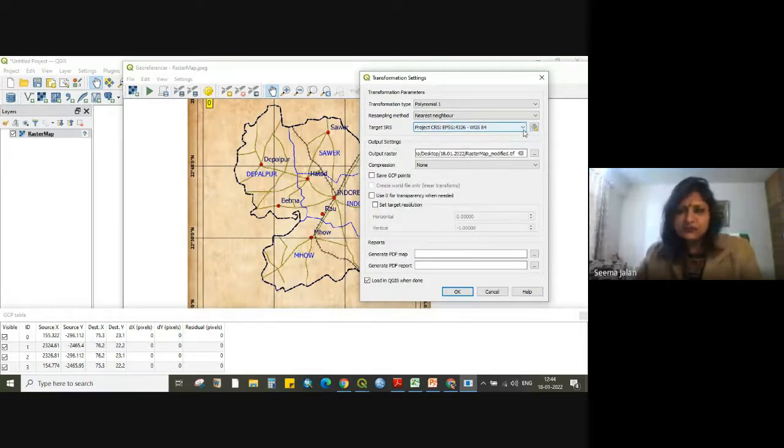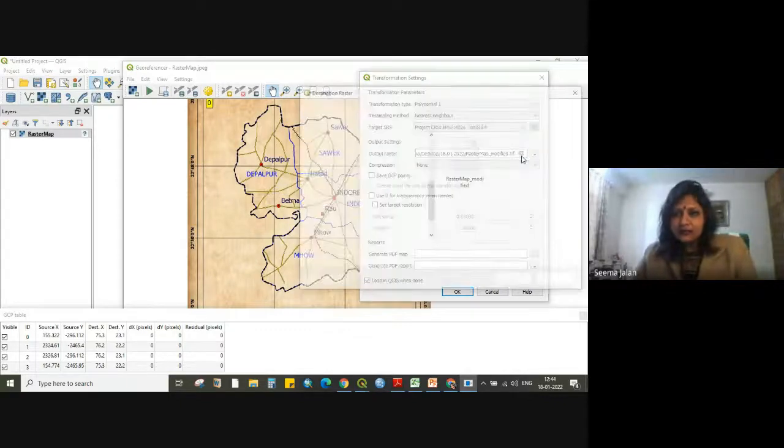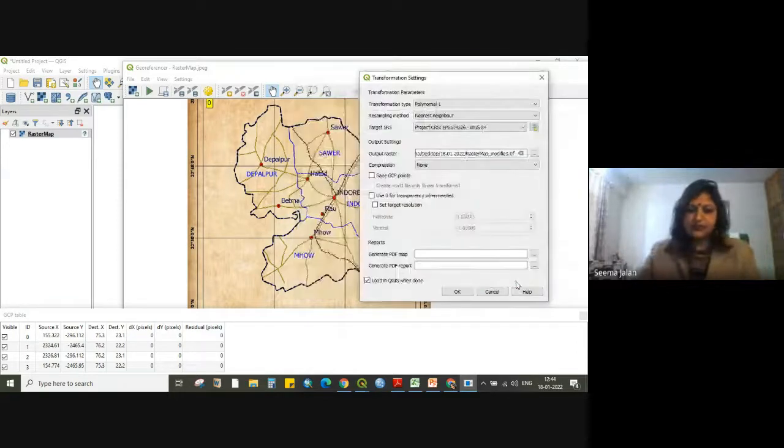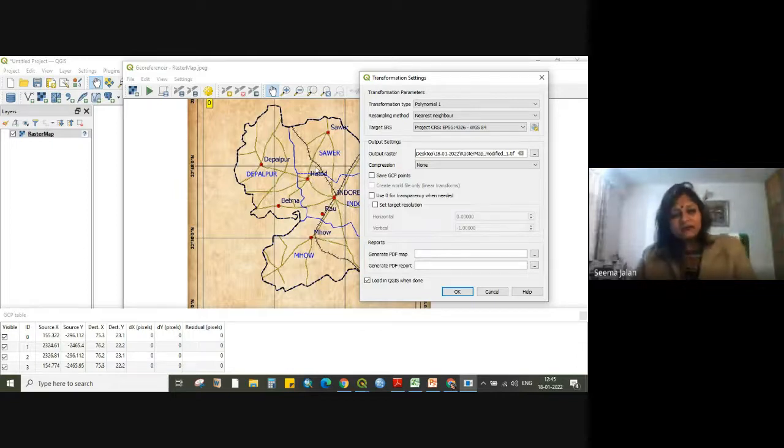I'm not taking that. And you define the location where the output is to be saved. I say put it in my folder. You can also save these GCP points so that if you have to close your work in between and open again, your entire work is not lost. It is a simple map, but when we work with a satellite image, it takes a lot of time to identify the GCPs.